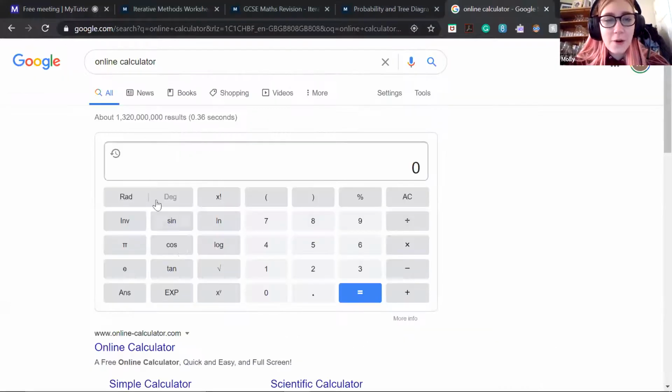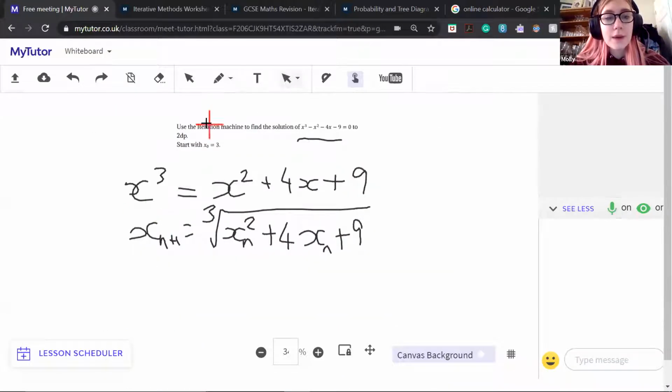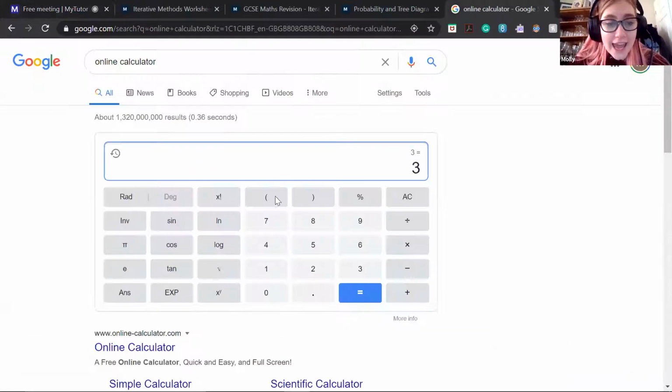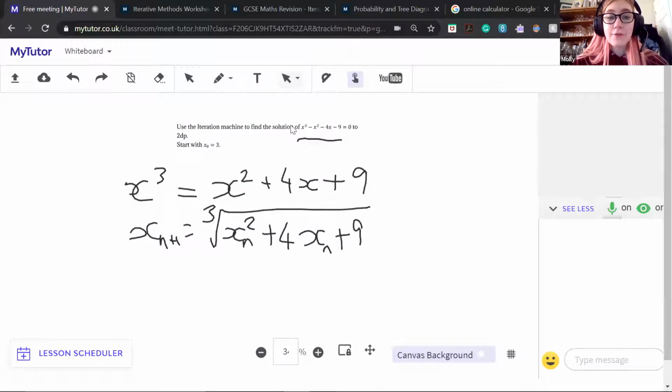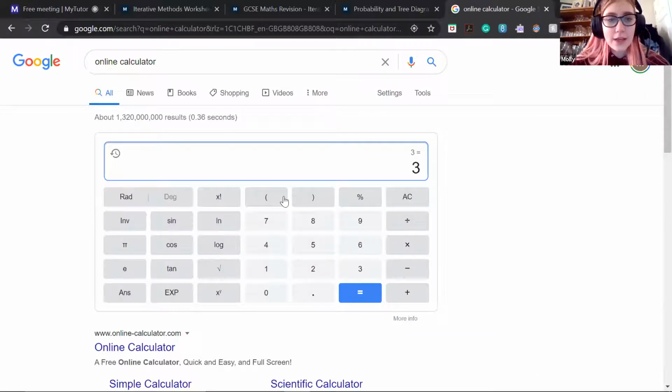So on our online calculator, the first thing we're going to do is press 3 equals, because 3 is our starting number. By pressing 3 equals, 3 gets stored in the answer. This little A N S here, answer, stores the previous result that you had. So what we can now write is this, but instead of x n, we'll write answer.